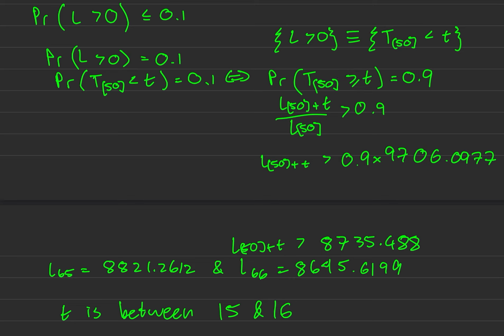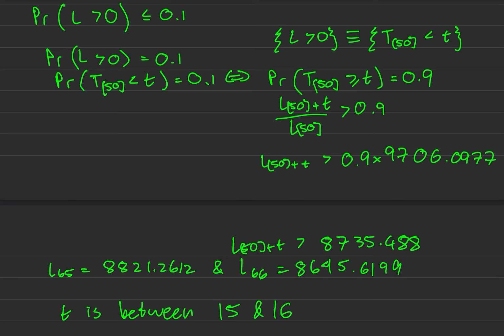Okay, now if t lies between 15 and 16, then this borderline point where it starts becoming profitable is where the complete future lifetime is somewhere between 15 and 16.